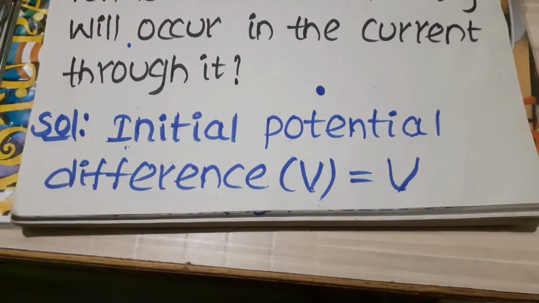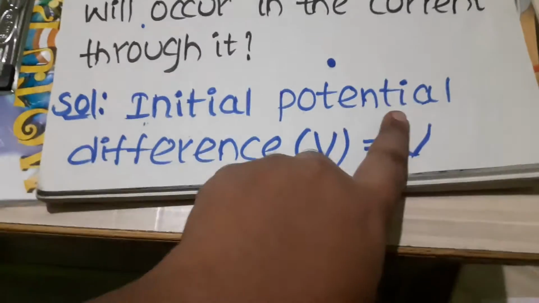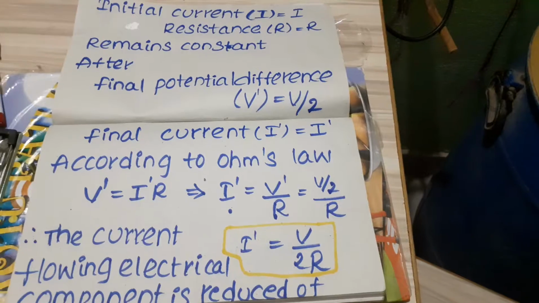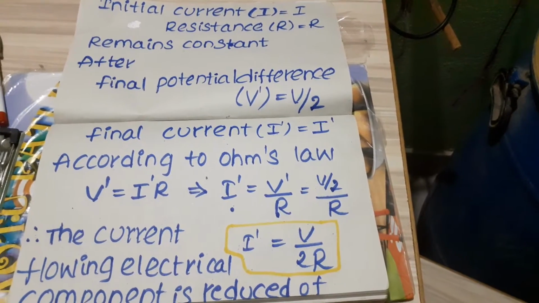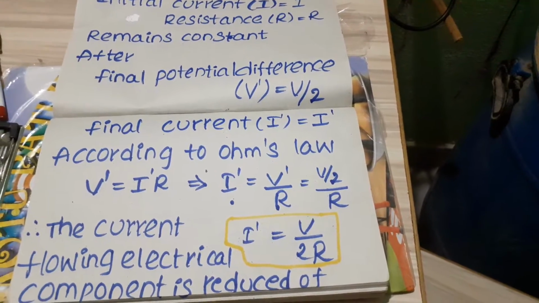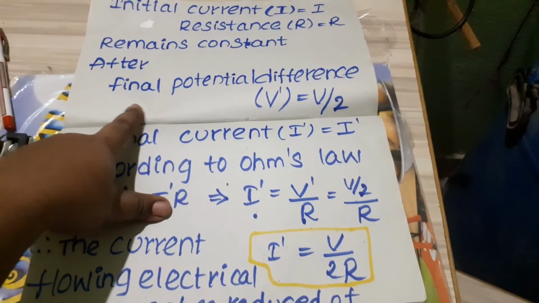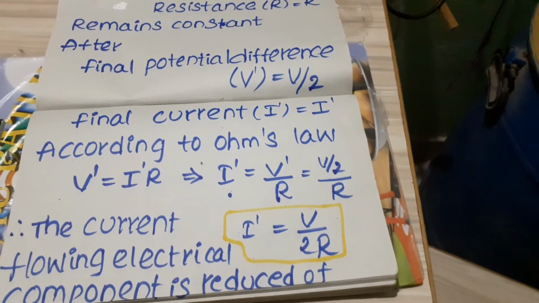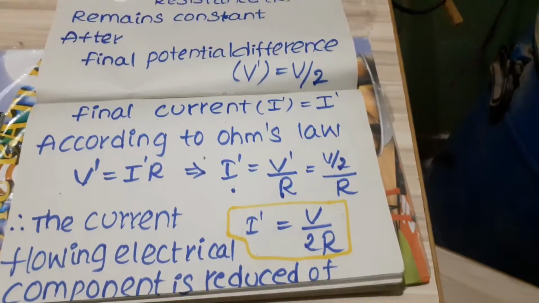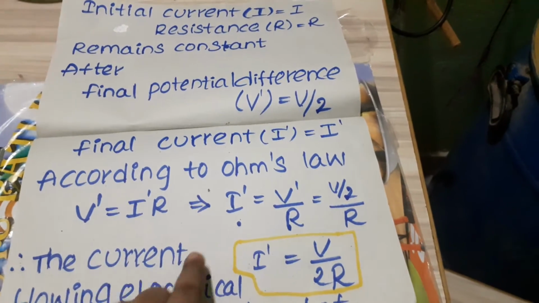In that question, the initial potential difference I am going to take as V, initial current I, and resistance R will remain constant. After the changes, the final potential difference becomes V dash equal to V by 2, and the final current is I dash.